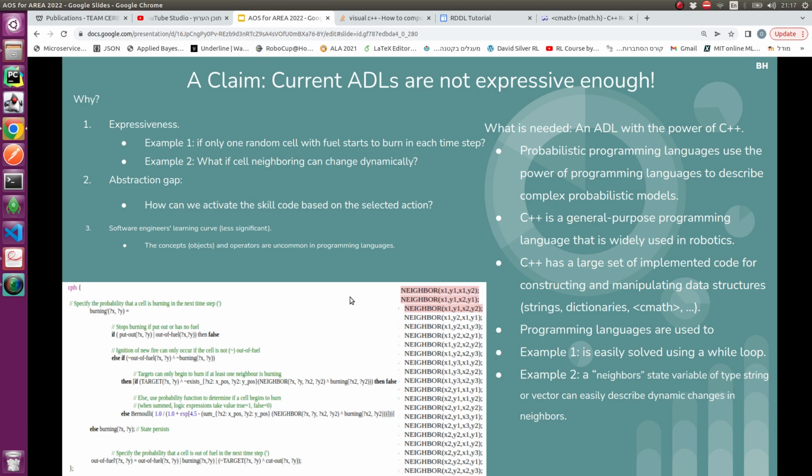It is used to solve real-world engineering problems, and it's very expressive. It has a large set of implemented code to construct and manipulate data structures, and both of the examples I gave can easily be described and solved using C++. About the abstraction gap, we will also talk about this further on.